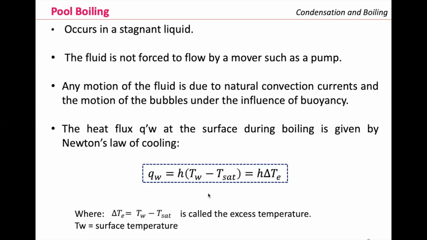And this T_wall minus T_saturation is defined as the excess temperature, delta T_e. Delta T_e is a new term that we are including right now, and is the excess temperature, the difference of the surface minus the saturation temperature.